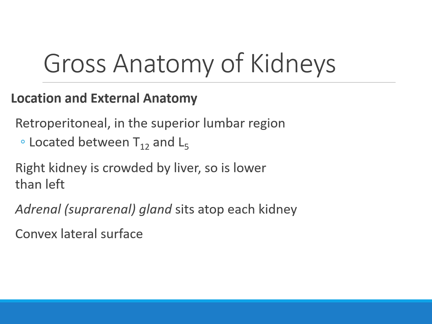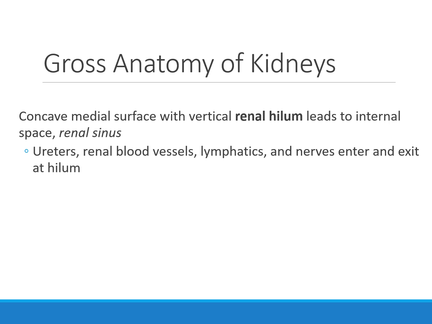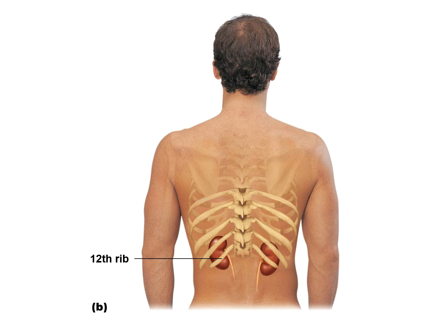The convex surface or the rounded surface is on the outside or the lateral side, and then you have a little indention on the medial aspect of each kidney. That concave medial surface is what they call the renal hilum, and that is leading into the internal space called the renal sinus. And through there, the ureters, the renal blood vessels, lymphatics, and nerves enter and exit. So showing you the location from behind, and you notice that the right kidney is a little bit lower.